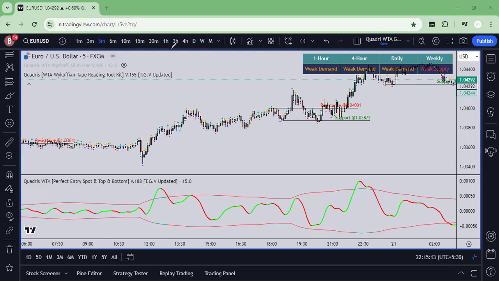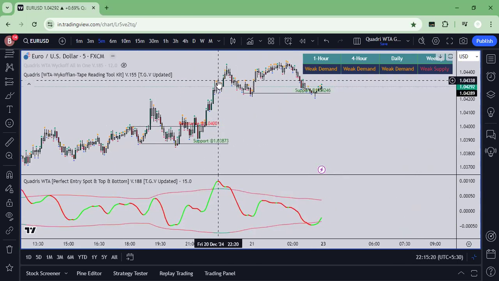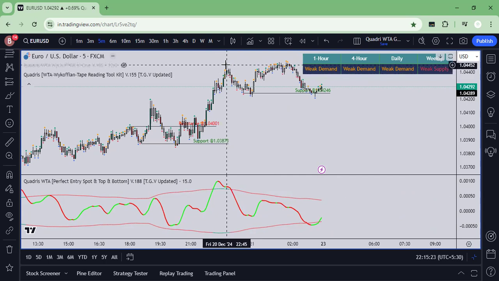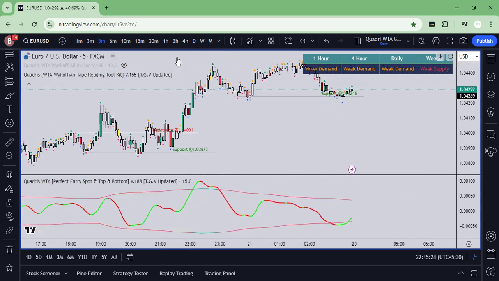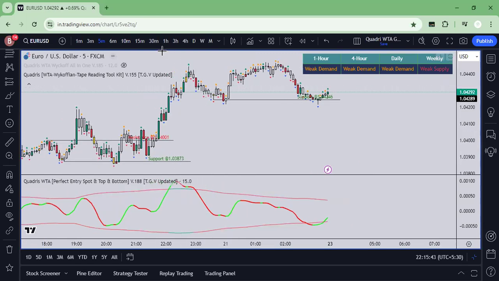Now we'll look into another opportunity. Did we get any other opportunity? For example, this was a swing high, or you can consider this a swing high because this was a top formation. Remember, for making a top, we look for the highest swing level, which happens to be this one. Let me set the chart properly.